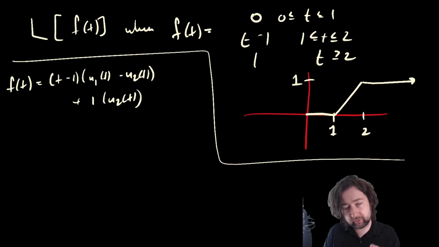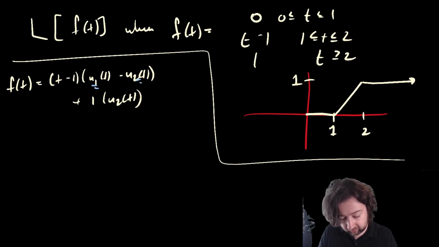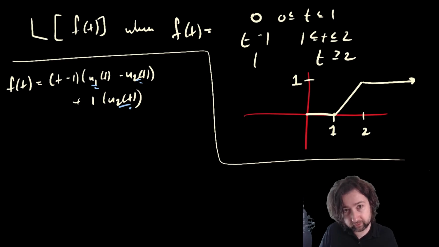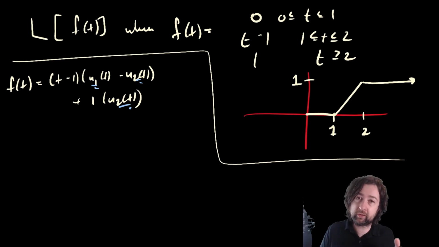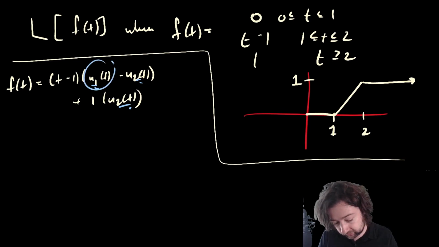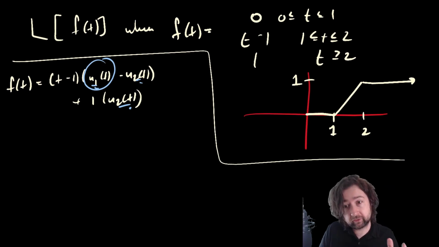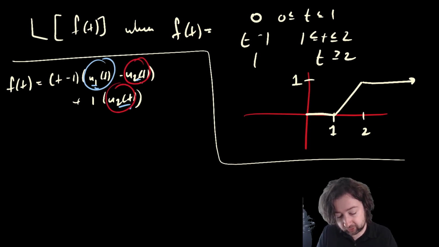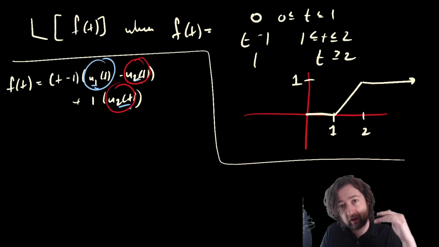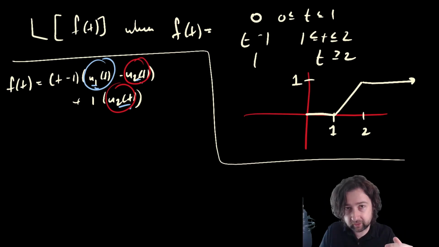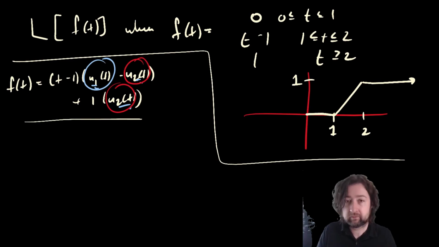So the function is 0 between 0 and 1, because all of these switches are 0 between 0 and 1. Then, when you get to t equals 1, what turns on? Well, this turns on. Everything else is still 0 because u2 of t is still 0, but u1 turns on, and that turns the function into t minus 1. Then when you get to t equals 2, what turns on? This and this function turn on. And when they turn on, that turns off the t minus 1 and turns on the 1 that produces the function for the rest of time. So this is this function up here.